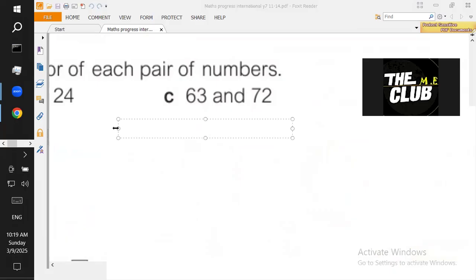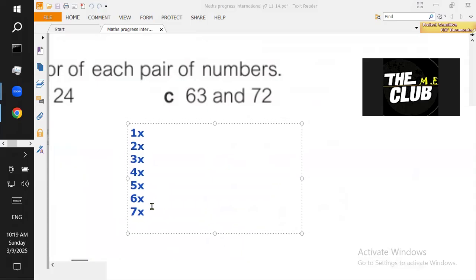So basically, the factors will be 1 times what, 2 times what, 3 times what, 4 times what, 5 times what, 6 times what, and 7 times what. This is called the factors method. It's not the prime factors method. This is the factors method. And you're going to do the same for the 72.